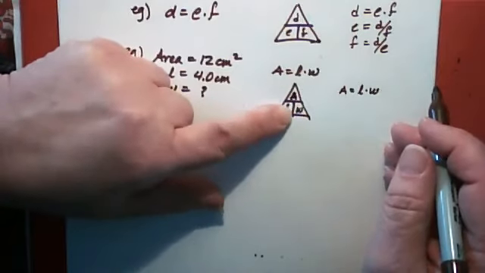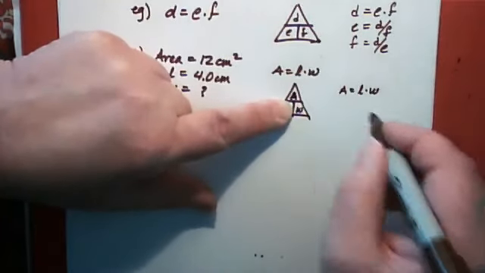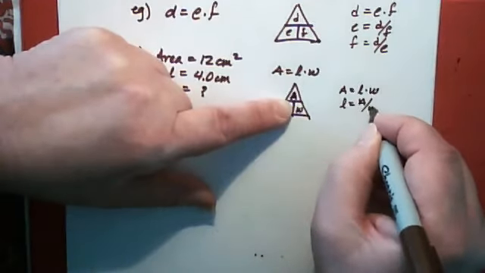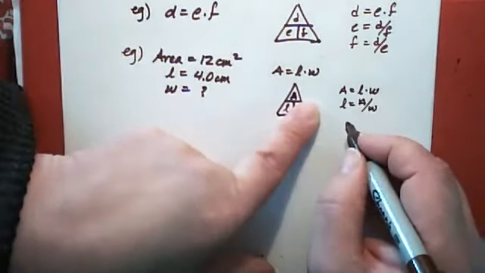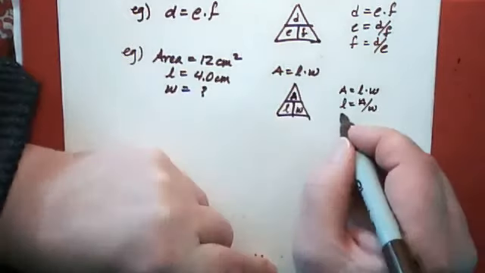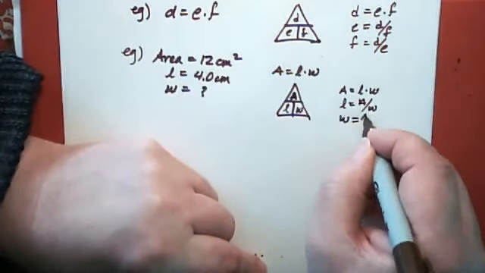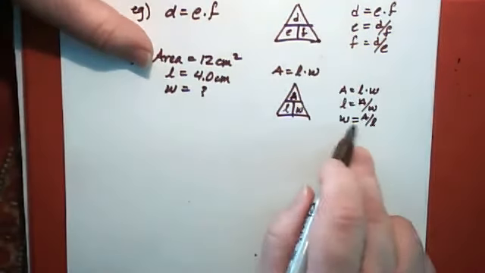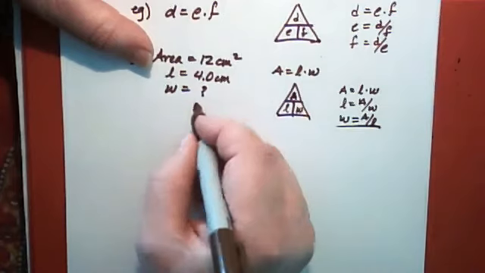If you want length, you cover that up and it's area divided by width. If you want width, you cover that up and it's area over length. What we wanted was width, so that's area over length.